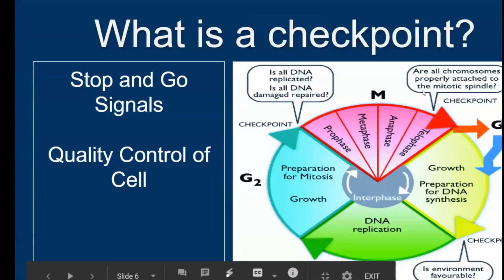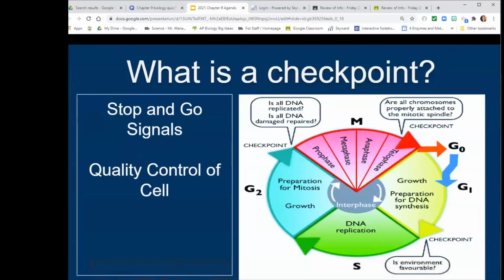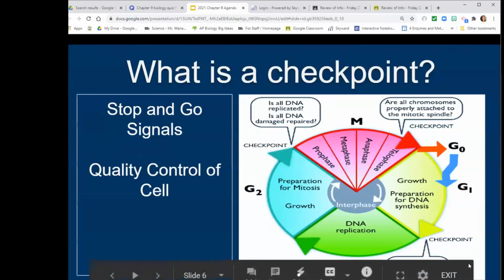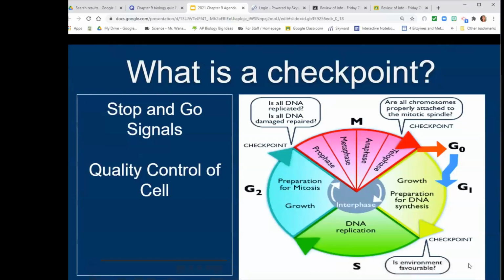So basically, it's checking to make sure everything that needs to happen has happened. And if it has, chemical signals allow the cell to continue its cycle. If it hasn't happened, the cell will exit the cell cycle and be decomposed basically, or it'll go through a repair process to fix those errors.